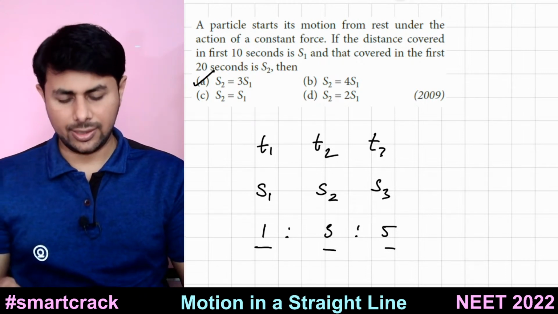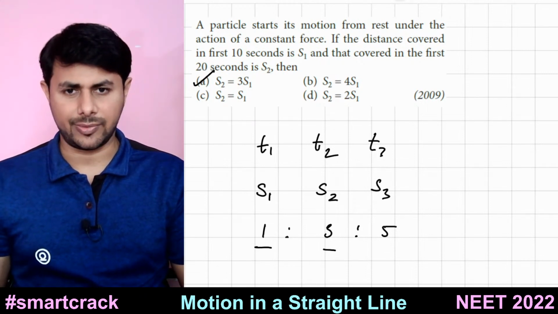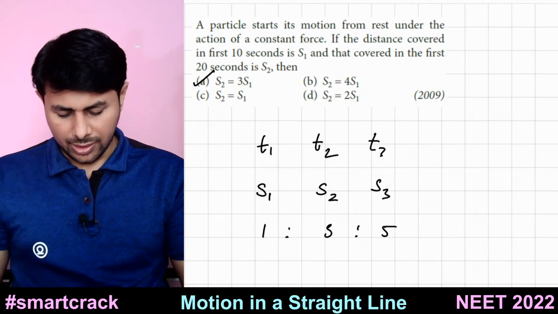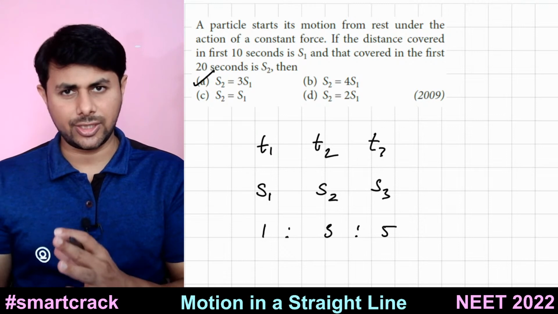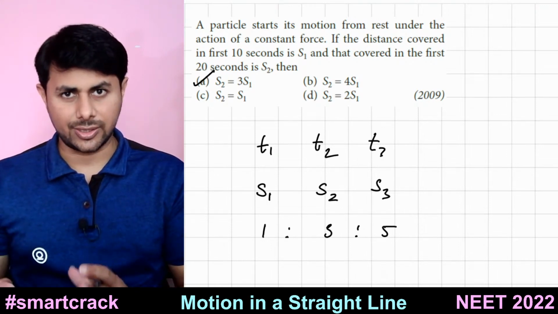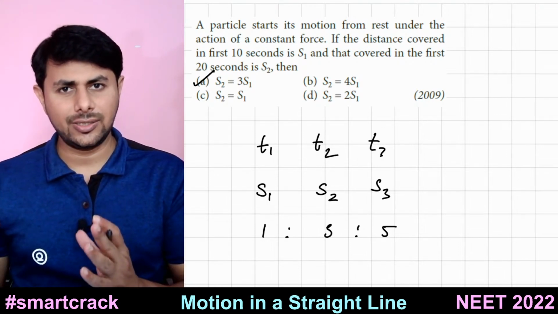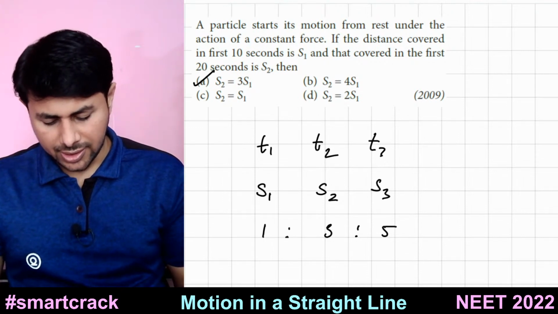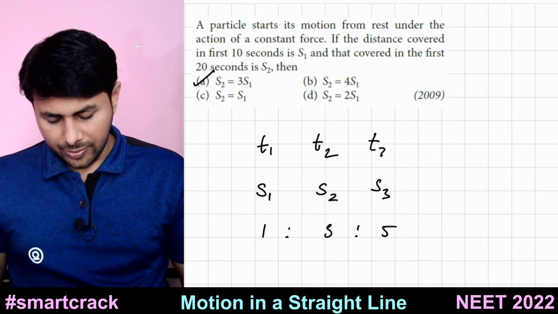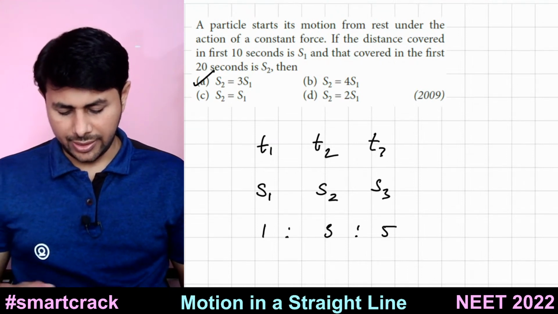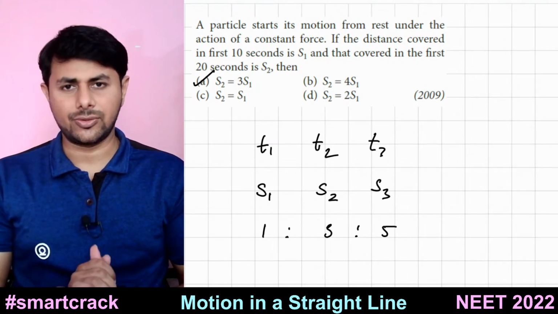This is Galileo's law of odd numbers. Here the particle is moving from rest under the action of a constant force, so force is constant, acceleration is constant. Then the distance covered in first 10 seconds is s1 and in first 20 seconds is s2. Then what is the relation between s2 and s1?